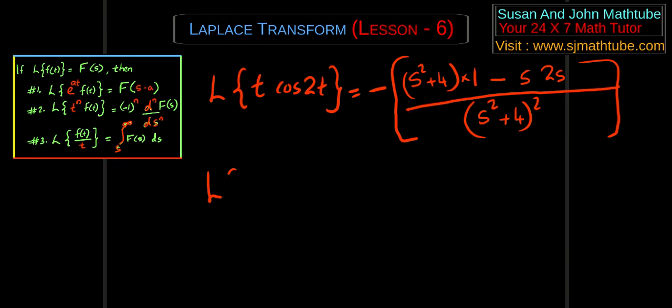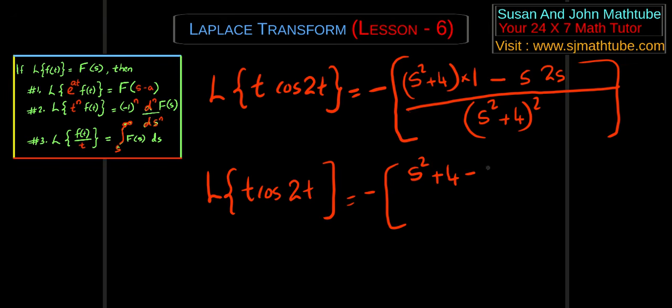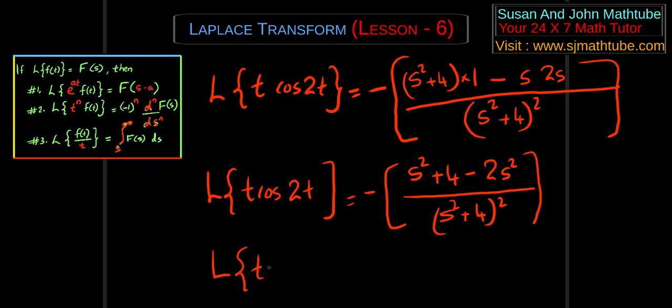That is Laplace of t into cos 2t will be equal to, let's simplify, minus of s square plus 4 minus 2s square, the whole divided by s square plus 4 the whole square.